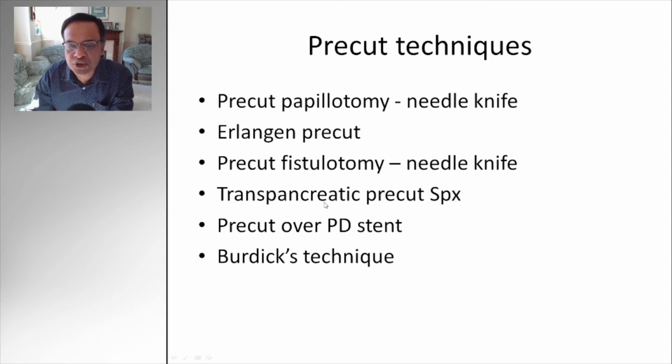Then there is the Transpancreatic Precut sphincterotomy, also known as septotomy or Goff technique. Then we have Precut over a pancreatic duct stent, as alluded to in the previous slide. And finally, we have this unusual technique known as the Burdick's technique. I will now show you each of these 6 methods.